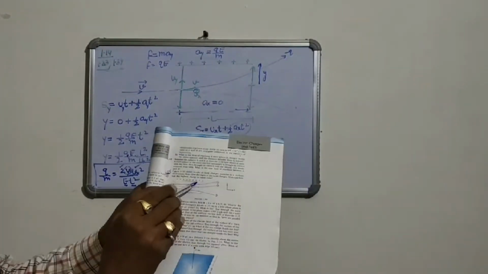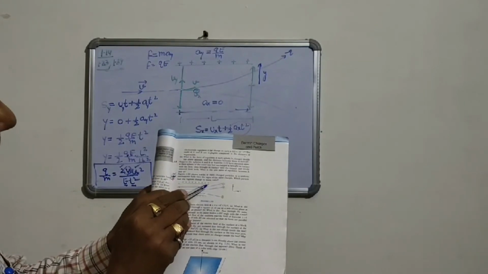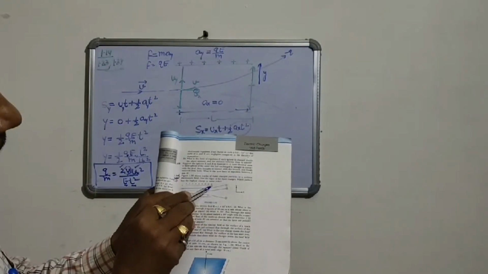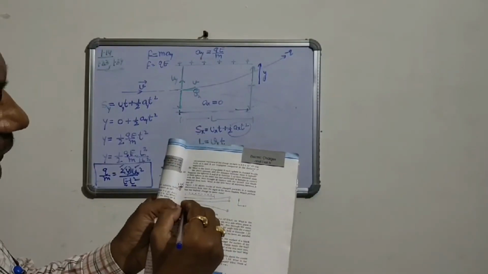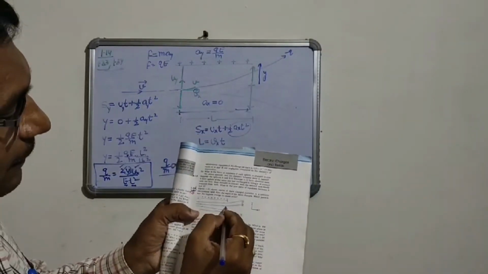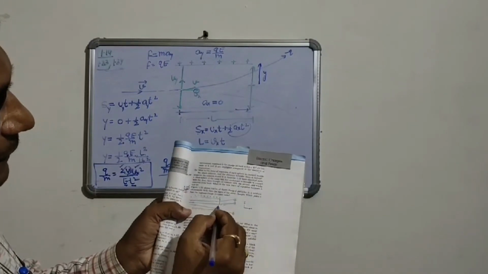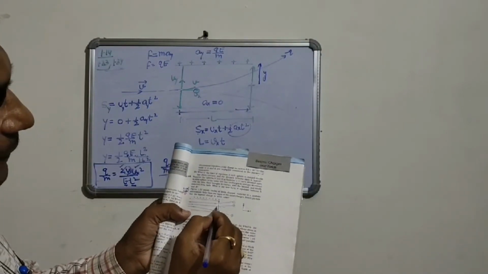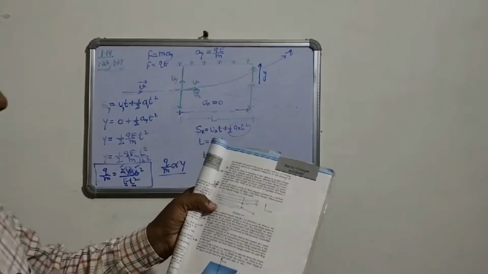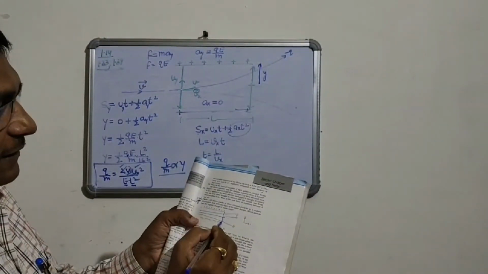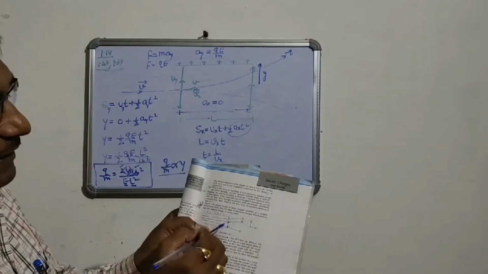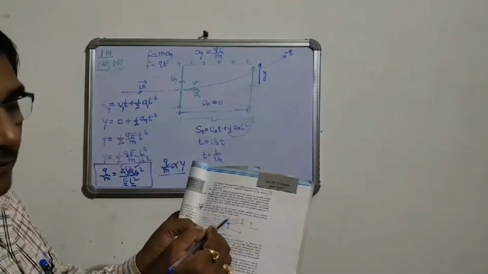I think the third is more than 1, because you can observe here the distance between particles 1 and 2. Look here, this distance and this distance. Suppose this is the middle part, then which of this distance and this distance is greater? This distance is less, so the remaining distance is more than this.